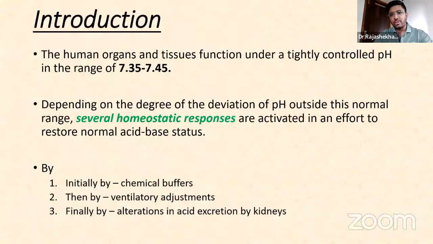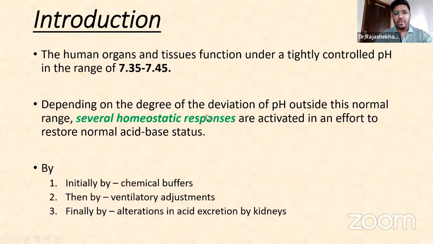To introduce, our organs and tissues can function properly only under a tightly controlled pH range, that is 7.35 to 7.45. This is the normal human pH in the body. Any deviation from this is dangerous to life. Body cell function is compromised, which might cause harm in many ways. Either a decrease in pH or an increase in pH, both are dangerous.